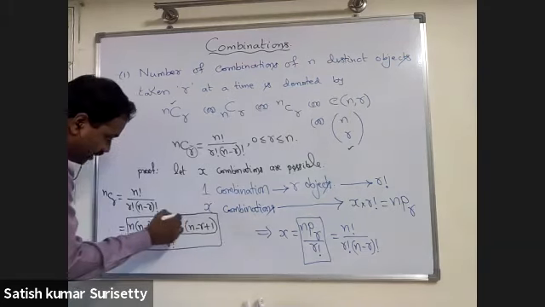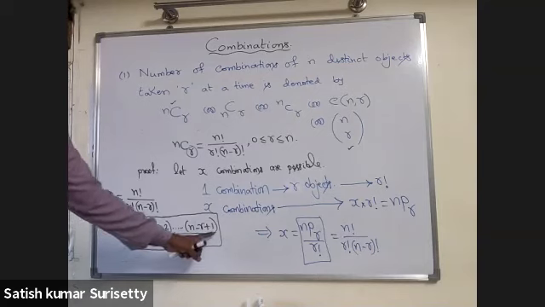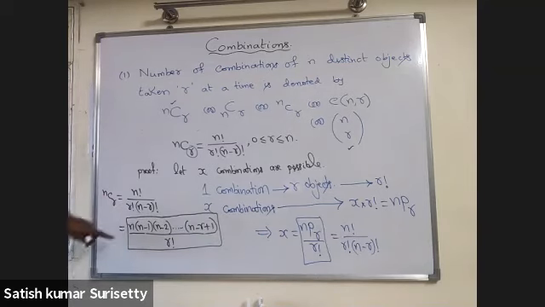So in numerical problems, when you want to calculate nCr value, either you can use n factorial upon r factorial into n minus r factorial, or use n into n minus 1, n minus 2, and so on, n minus r plus 1 upon r factorial. That is, starting with n, reducing by 1 continuously in the numerator, r factors upon r factorial.